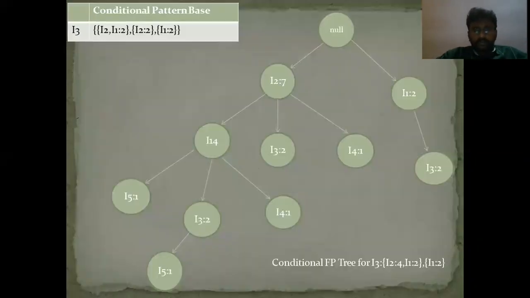So in I3 we have the values I2 and I2, I1. So I3 has an I2 and here I3 has an I1. This is the conditional pattern base of I3, and the conditional FP tree for I3 is I2 repeated 4 times, and I1 repeated twice. So the values of the conditional FP tree of I3 are I2 4 and I1 2.